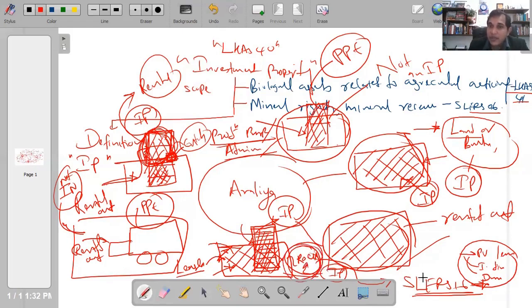Based on SLFRS 16, this right to use asset could be measured at fair value, if the entity is using the fair value model for measuring investment property.